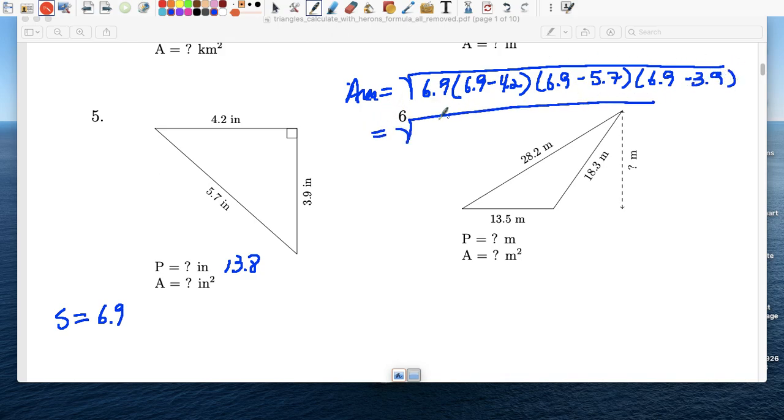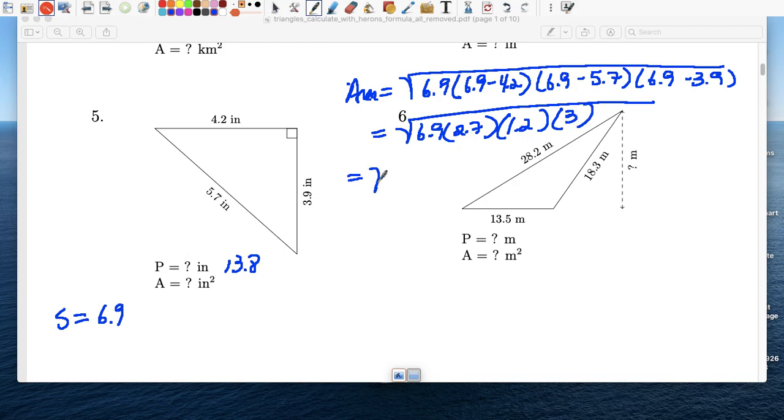So that's 6.9, and then 6.9 minus 4.2, no, it's not 2.4. 6.9 minus 4.2 is 2.7. 6.9 minus 5.7 is going to give me 1.2. And 6.9 minus 3.9 is just 3.